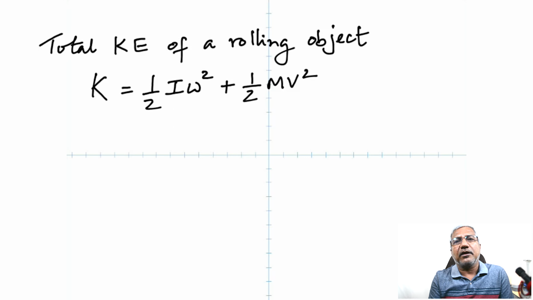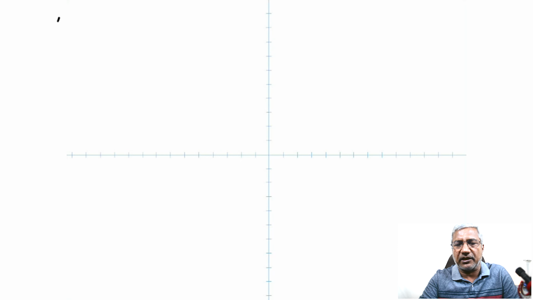So whenever you talk of an object that is rolling, whether it be a sphere or a cylinder or whatever shape it has, it will always have these 2 types of kinetic energy. And the reason is that the center will move in a straight line, therefore it has the linear kinetic energy, while the whole thing is rotating, so it also has rotational kinetic energy. Just remember that.